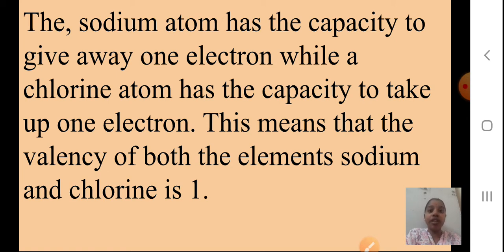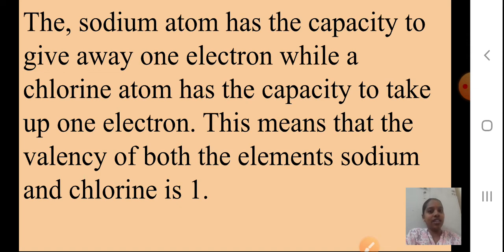Do you know the atomic number of sodium? 11. Yes, 1 electron is there in its outermost shell. Sodium can give away that one electron, and chlorine requires one electron to complete its octet. Its atomic number is 17, so 7 electrons are remaining. So what will chlorine do?